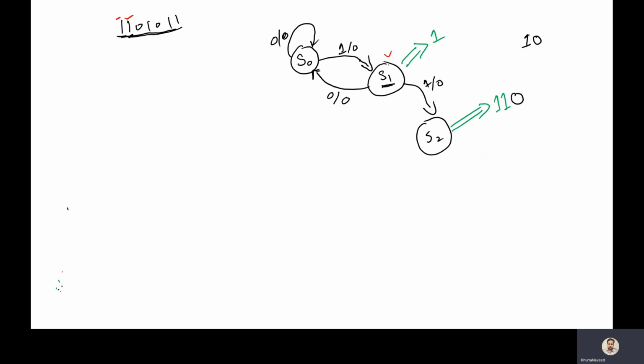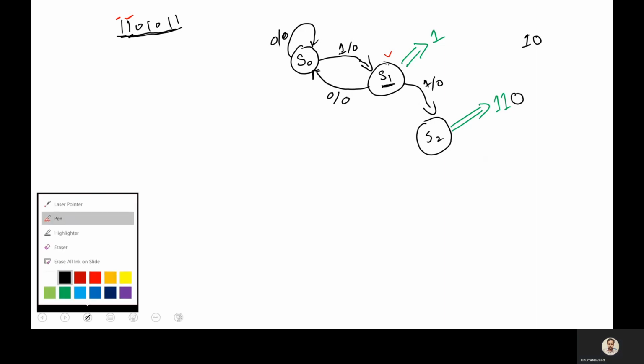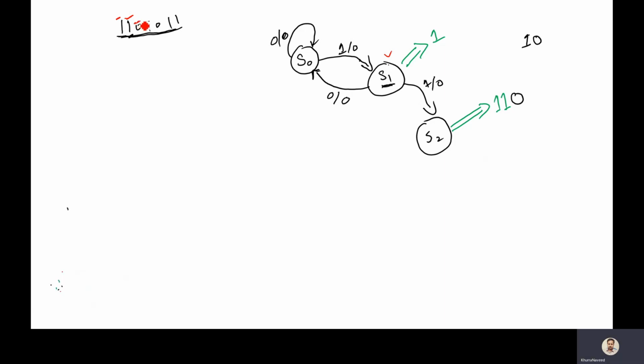So we need to go to the next state, that is S3. And this state S3 denotes that we have successfully detected 110, right?